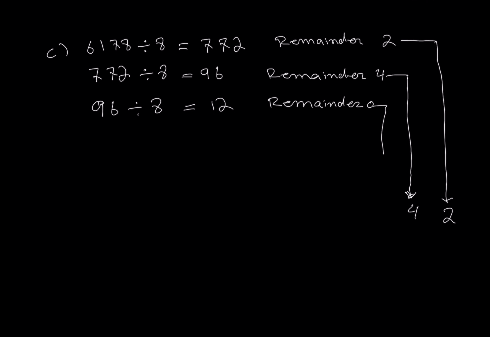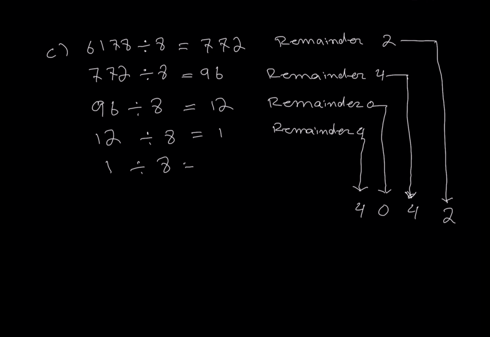Bring that 0 down and write it there. Now we have 12 divided by 8, we get 1, remainder will be 4. Bring that 4 down. Now we will have a new quotient 1 divided by 8 is 0, remainder is 1. Bring that 1 down.